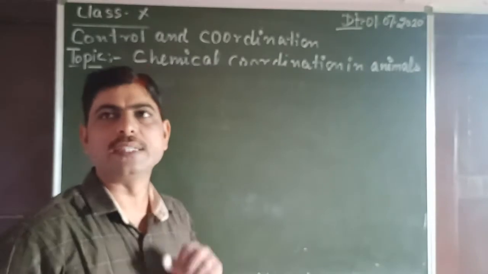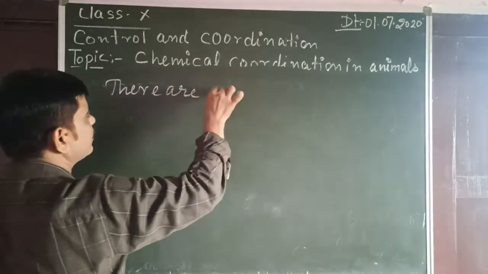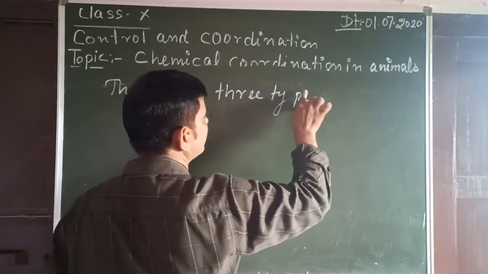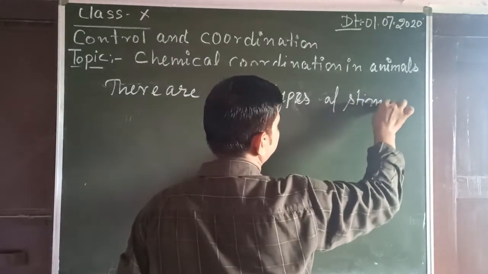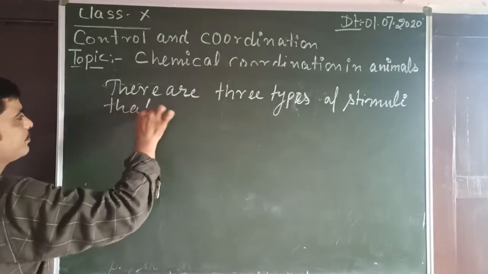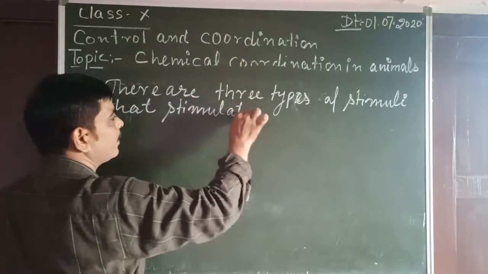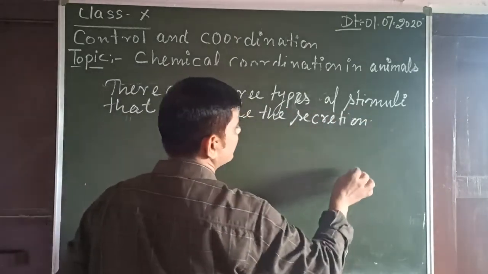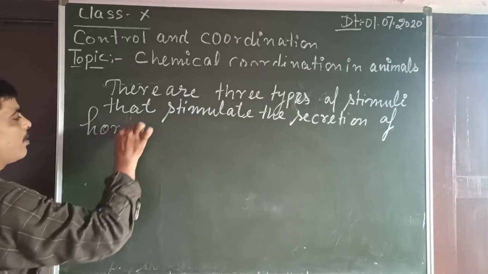So there are three types of stimuli that stimulate the secretion of hormones.